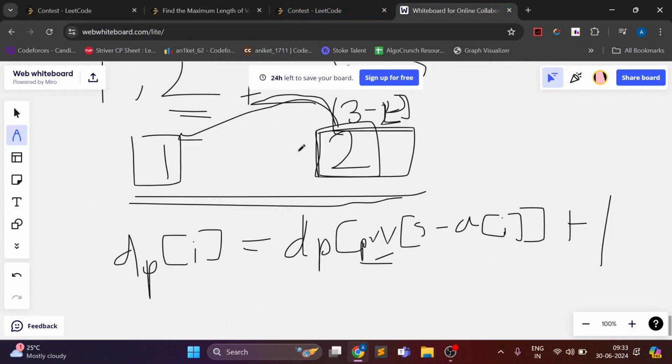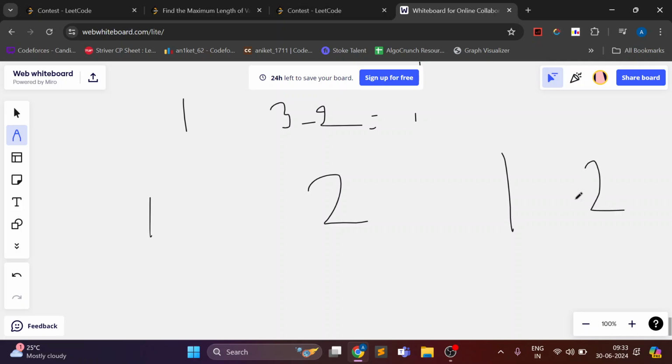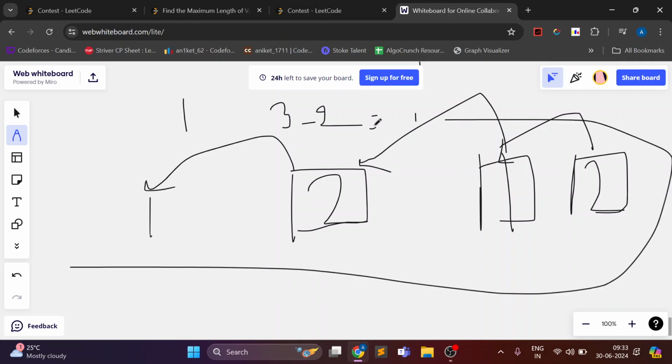So if my sum is 3 and the current element is 2, I will find its complementary value, which is 3 minus 2, 1, and 1 2 1 2. So for finding this type of subsequence, for 2 I will find previous 1, for 1 I will find previous 2, for 2 I will find previous 1. So this can form a continuous subsequence.